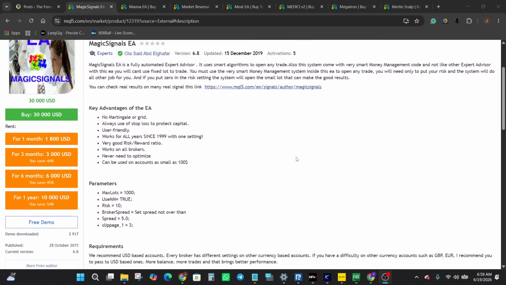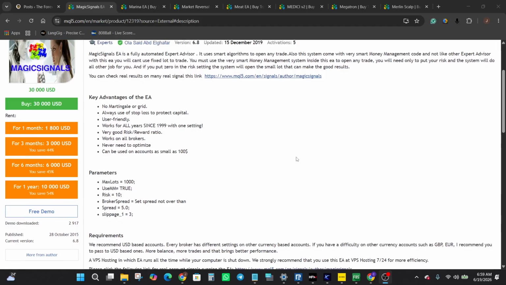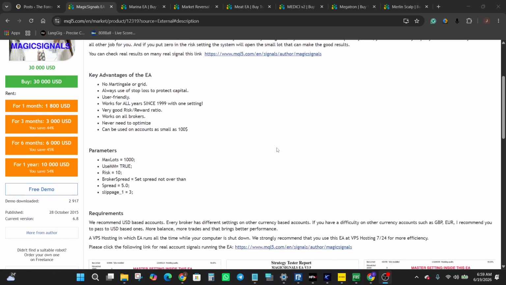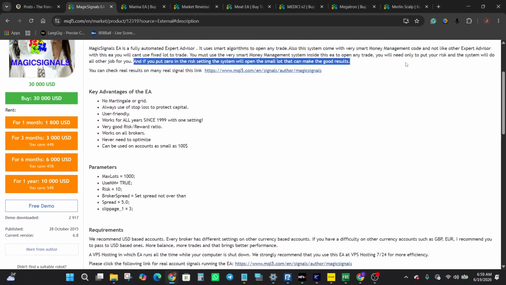As we continue through the product description, the developer explains that users simply define their preferred risk level and the EA handles position sizing automatically. There is also a note stating that if the risk parameter is set to 0, the EA will open the smallest possible lot size available for trading.